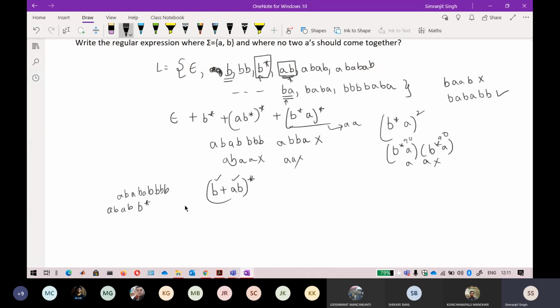So it is representing that. Now the expression that is not possible here is the strings that are ending with A. So always I will end with B. If you clearly see, I get all the expressions that are ending with B here.